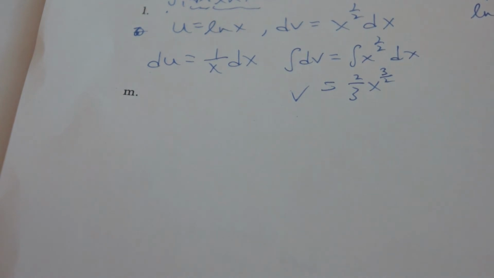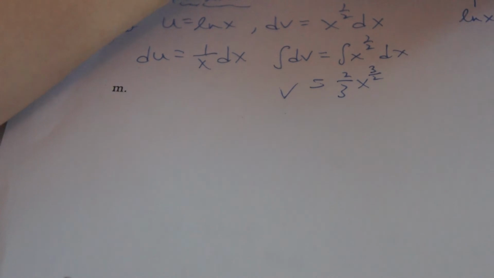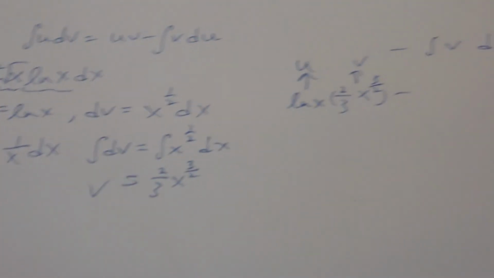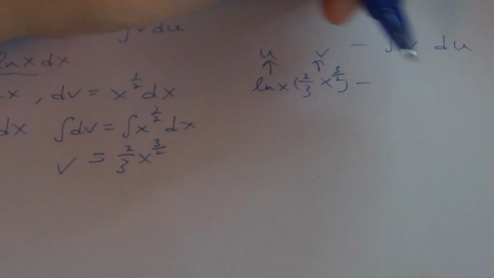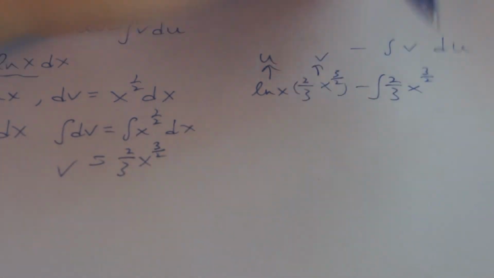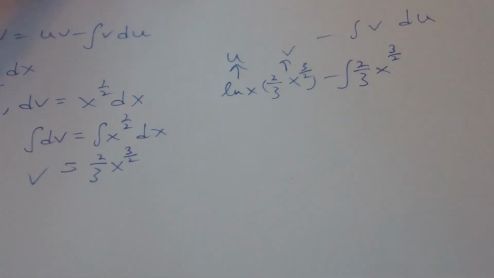And then the next one is that we have to minus the integral of v du. The v is 2 over 3 x to the power of 3 over 2, and du should be 1 over x times dx.